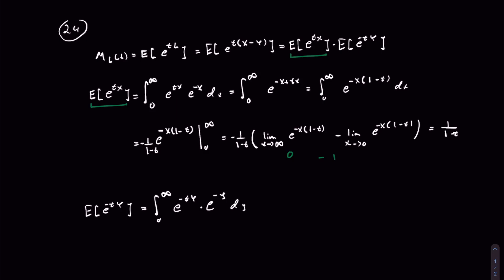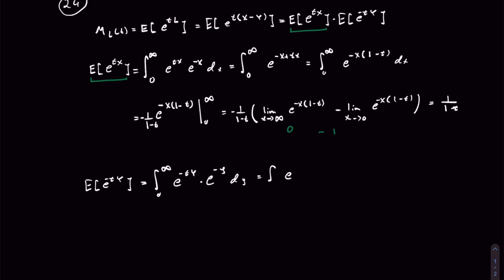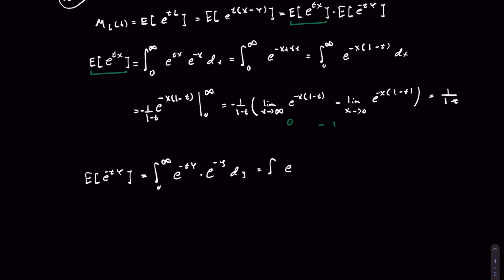And so that now becomes the y here, same procedure, e to the minus y minus t, so this will be t minus 1, with so many minuses now.